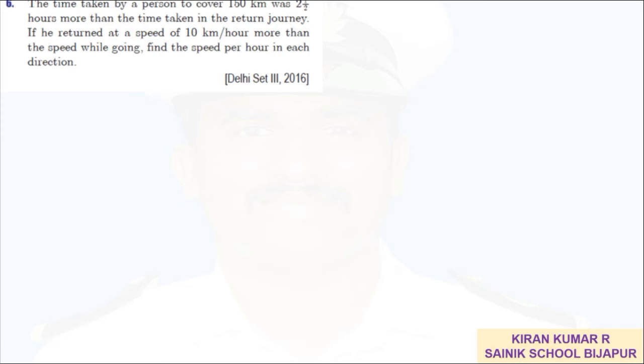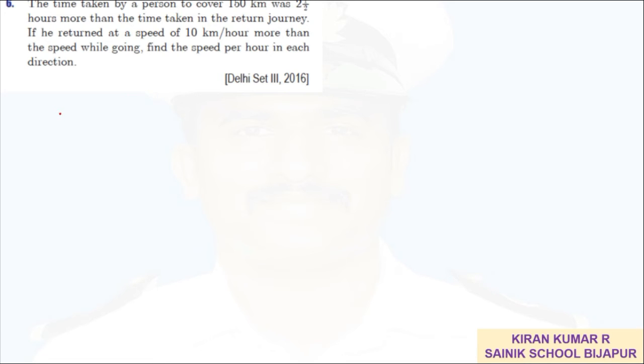Question number 6. In the sixth question, the time taken by a person to cover 150 km is 2.5 hours more than the time taken in the return journey. If he returned at a speed of 10 km per hour more than the speed while going, find the speed per hour in each direction. Let the speed while going be x km per hour.